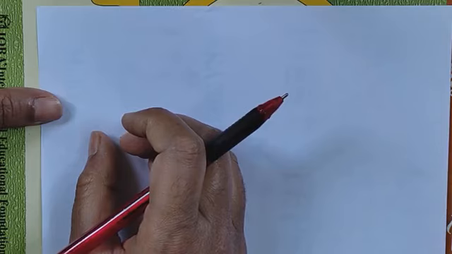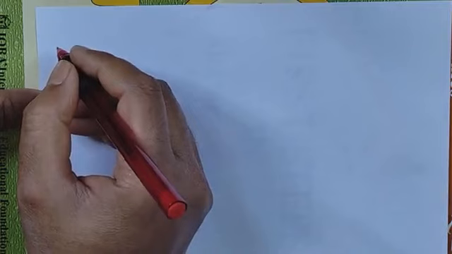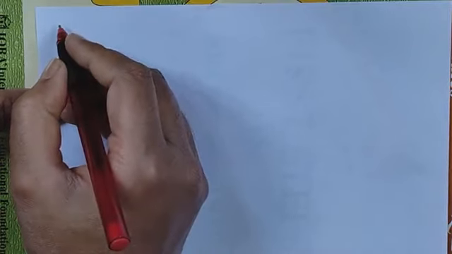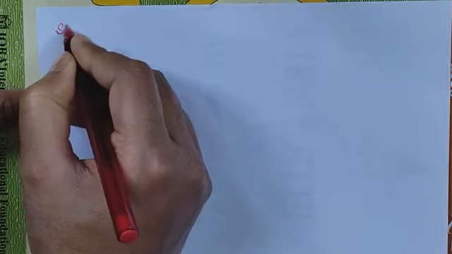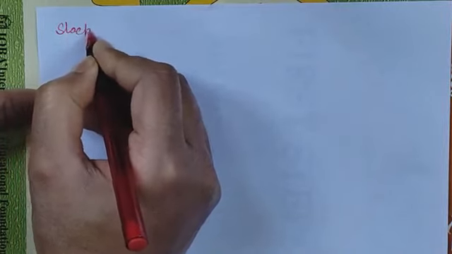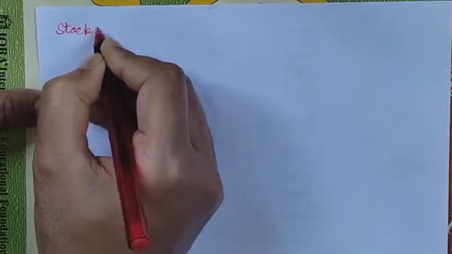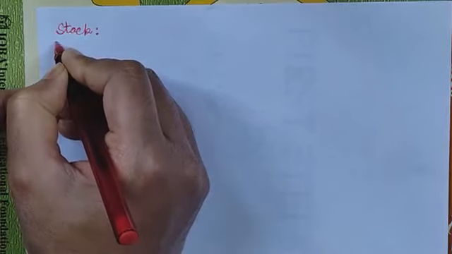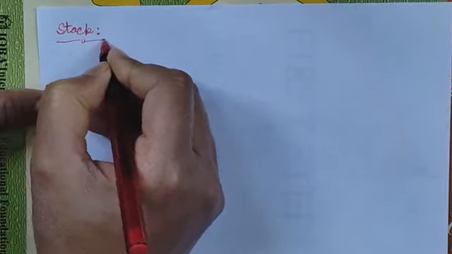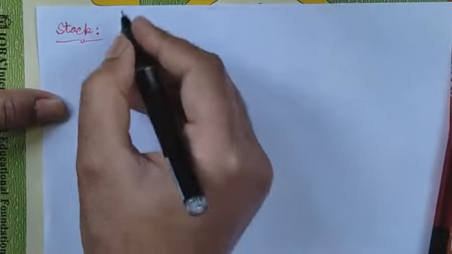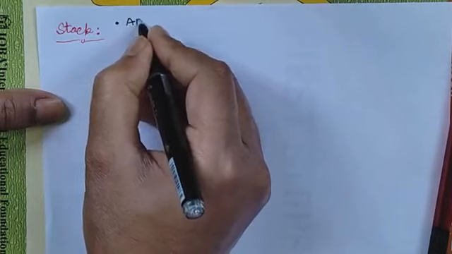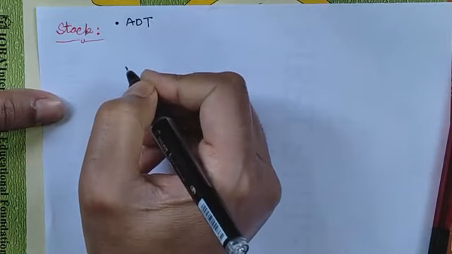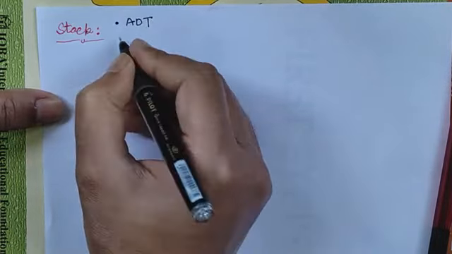So let us briefly introduce this stack. Today we are going to learn about this ADT, right? So point number one which you would remember, it's an ADT, that's an abstract data type, right?